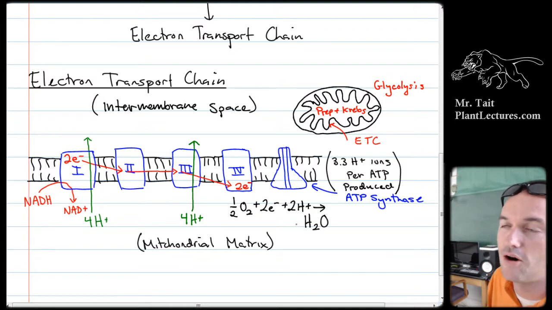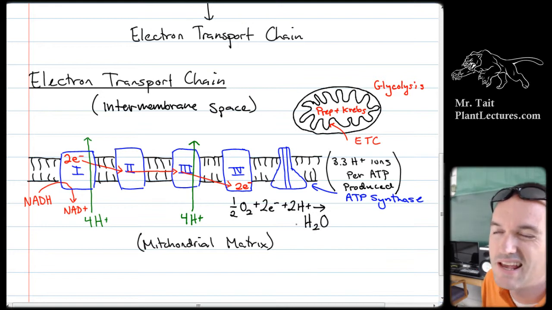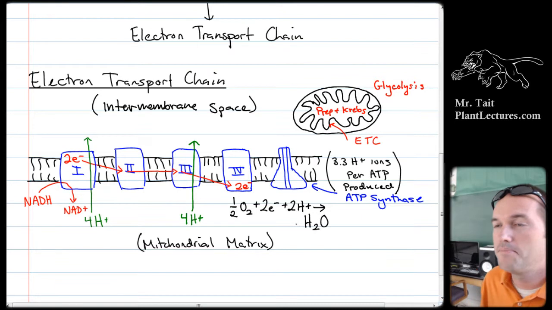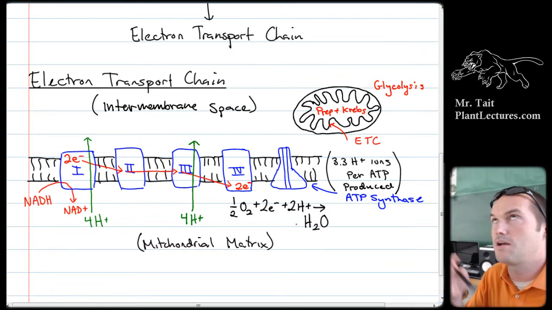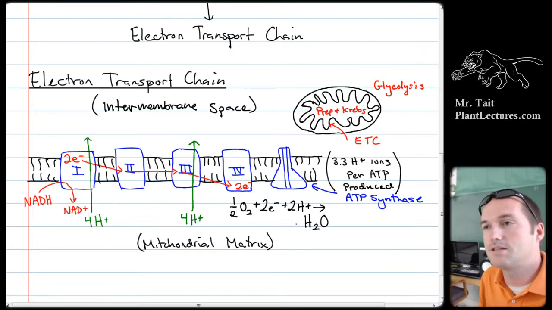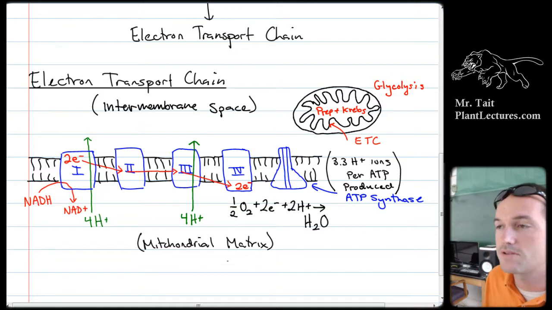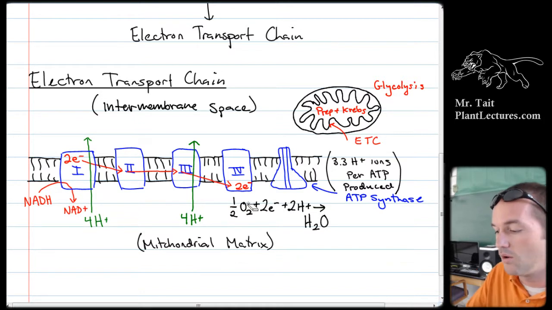You should just always assume that there's H+ ions present. That's because of the self-ionization of water. And where are they taking the H+ ions from? From the matrix, which is going to lower the concentration of H+ ions in the matrix, which then raises the gradient, right?